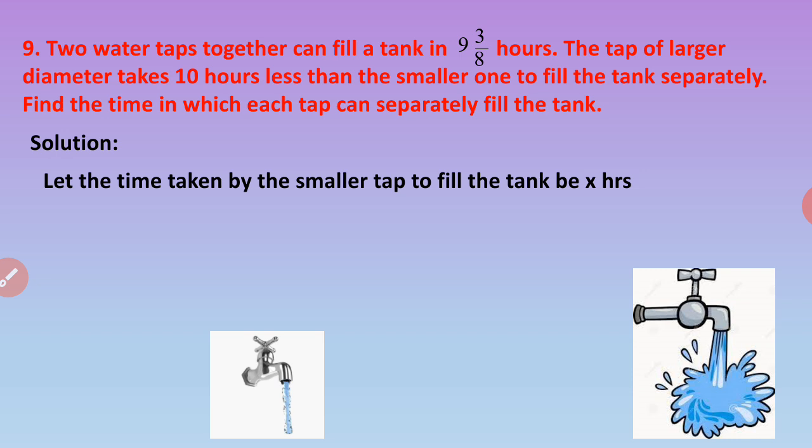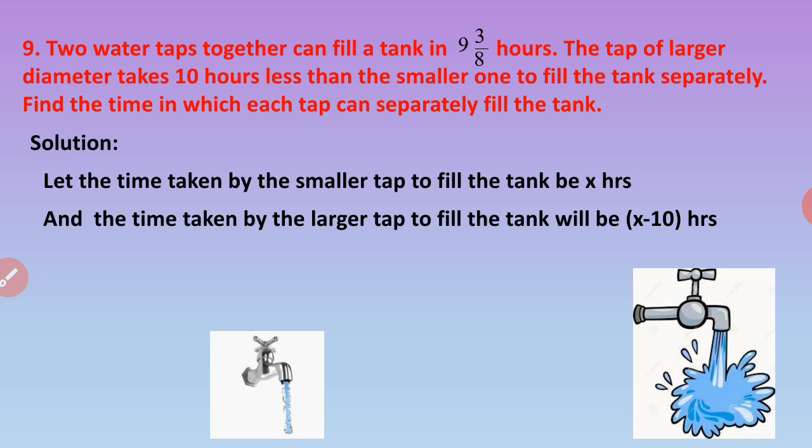It is taking 10 hours less. So for it, the time will be x minus 10 hours. That is why it is now written, the time taken by the larger tap to fill the tank will be x minus 10 hours.